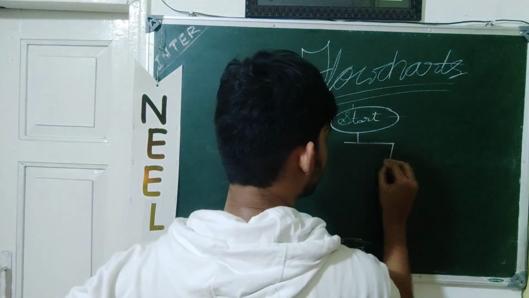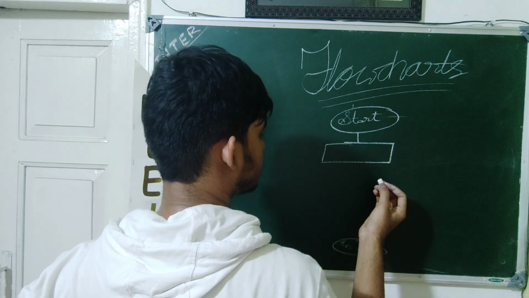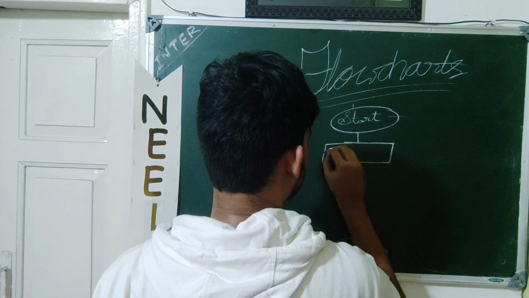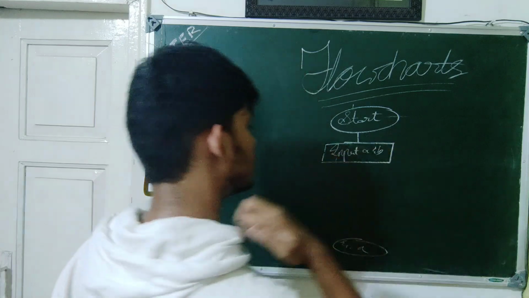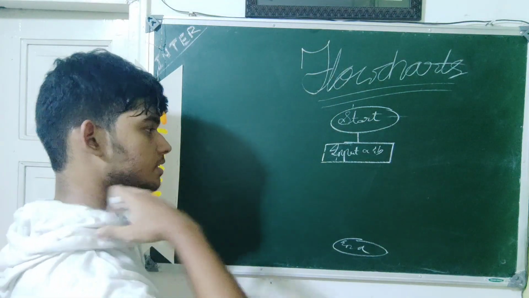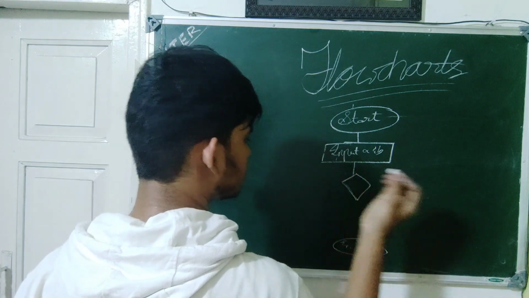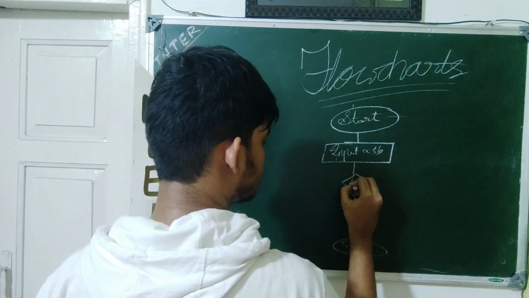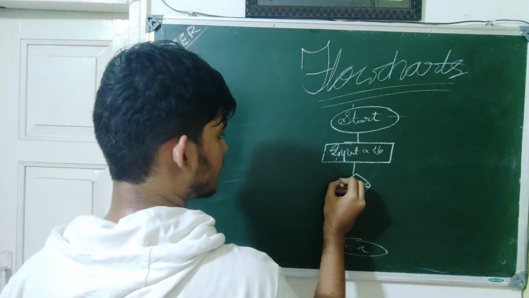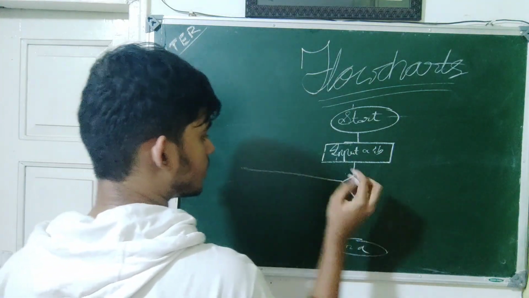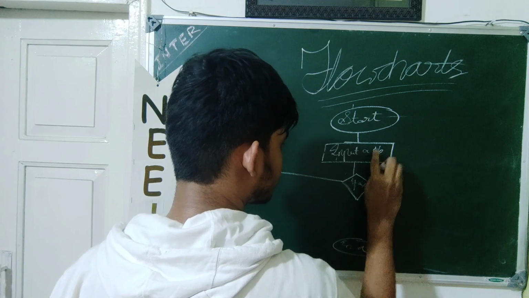So we'll draw a parallelogram, and in this parallelogram we will write something like input A and B, right? So let us take in two variables which we'll use in this, and let's draw a hexagon. It's not a hexagon, it's a diamond. So if A is greater than B, or we'll just write if A % 2.